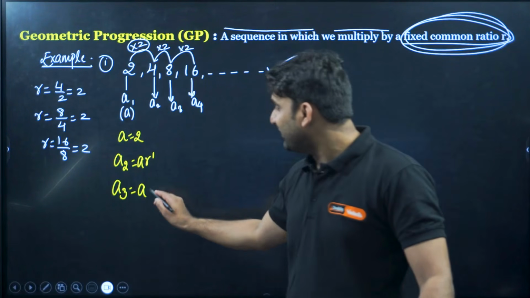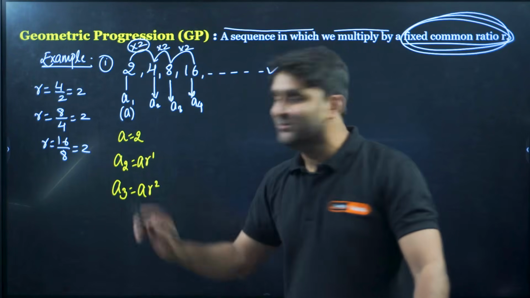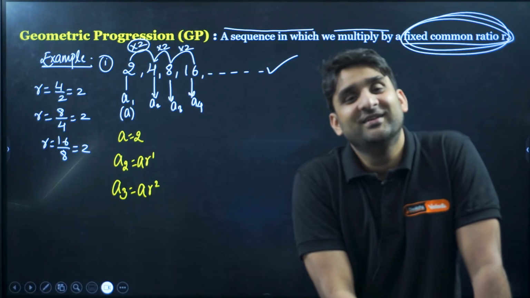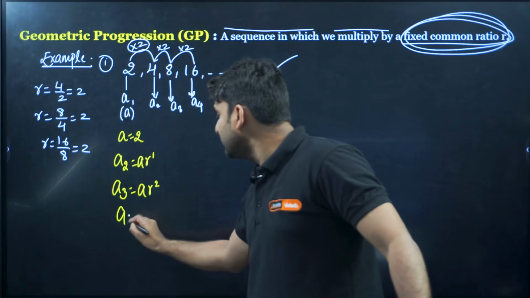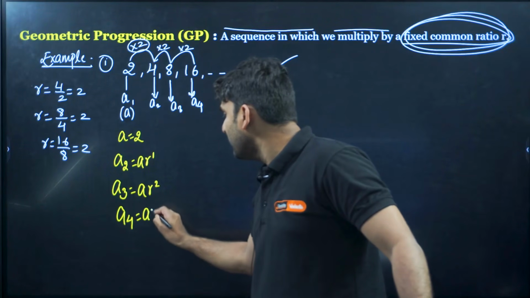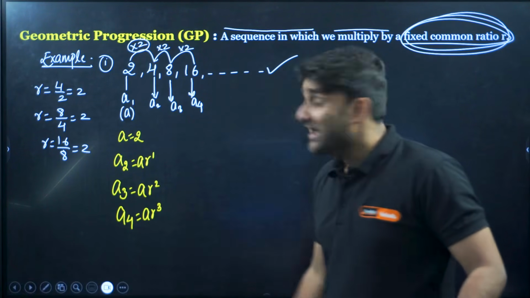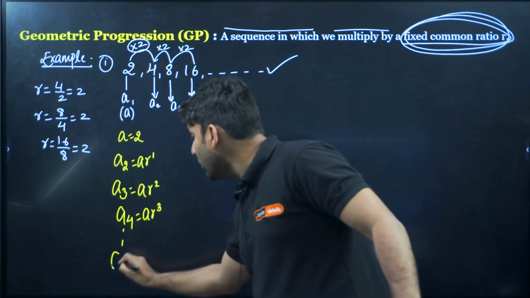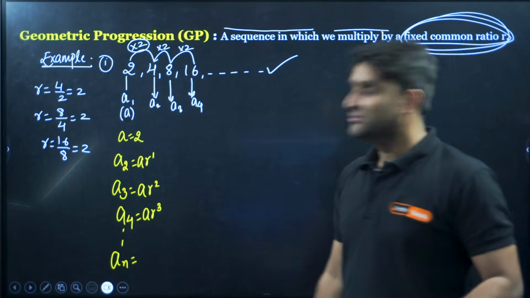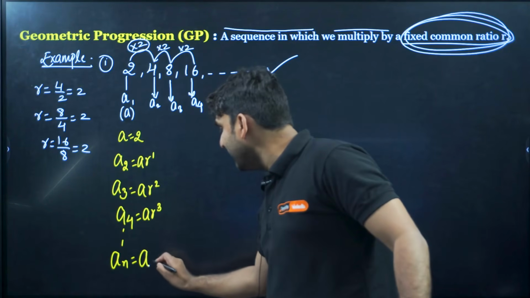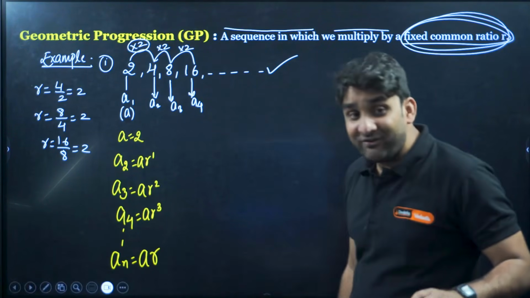If this is the third term, R will be to the power 2. Wow, the power of the common ratio will be 1 less. Similarly, for the fourth term, what will be the general form? Come on, yaar. And similarly, if I ask you what will be the general form of the nth term, it will be A into R to the power what?